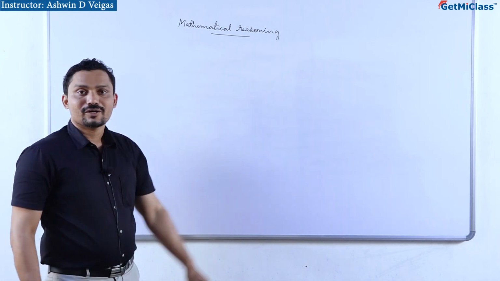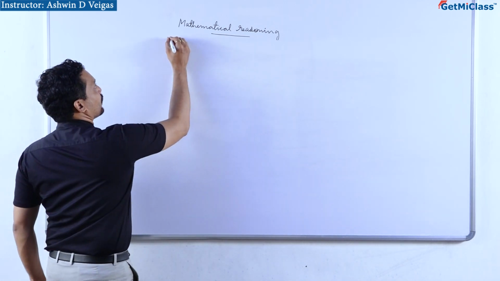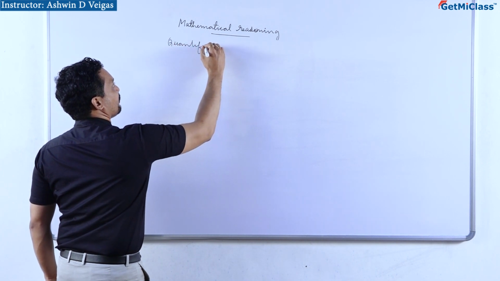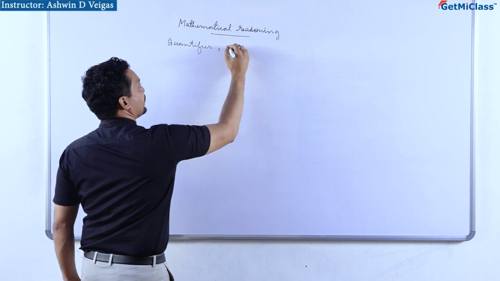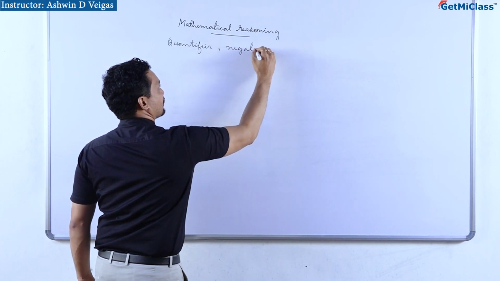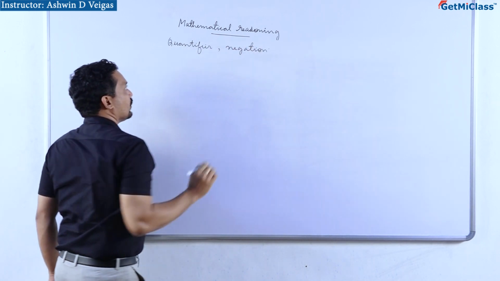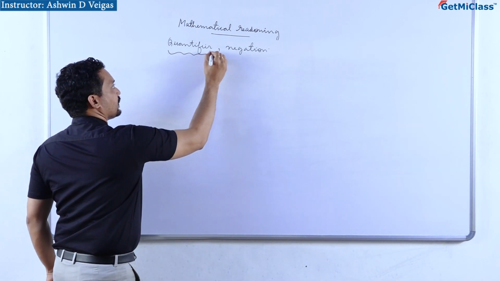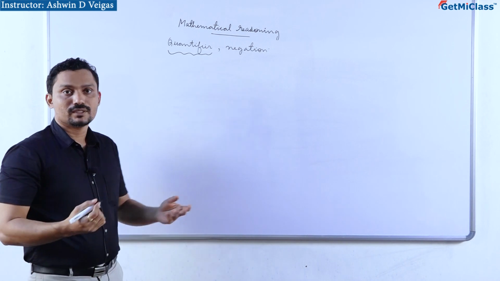So, in this part we are going to talk about two important terms, called quantifier and negation. Now, what is a quantifier? A quantifier is usually a word that expresses quantity.